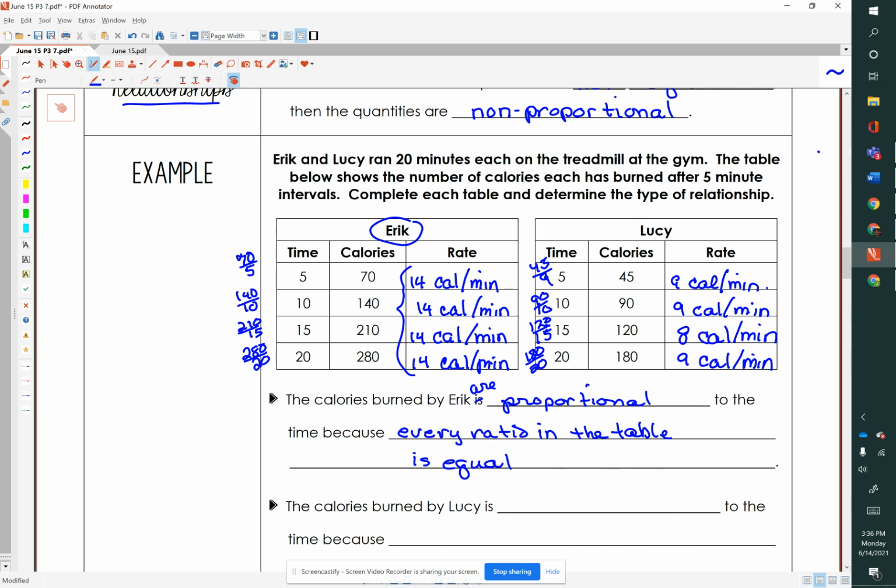So what we have here is an outlier at 15 minutes with 120 calories burned, where there are 8 calories burned per minute.